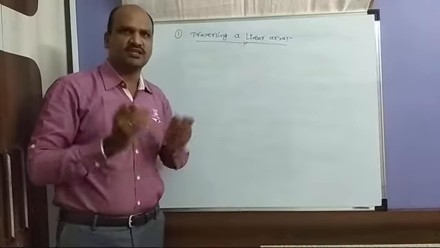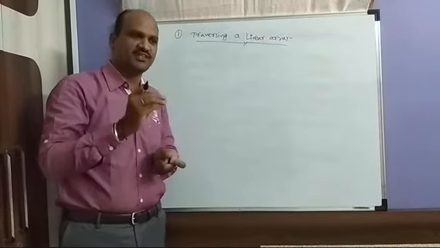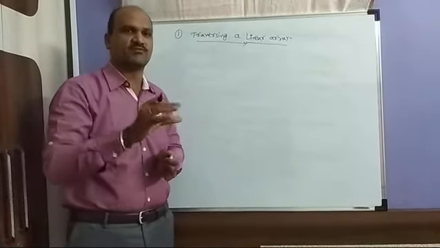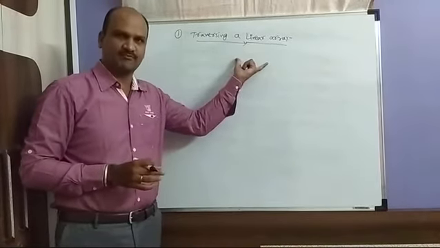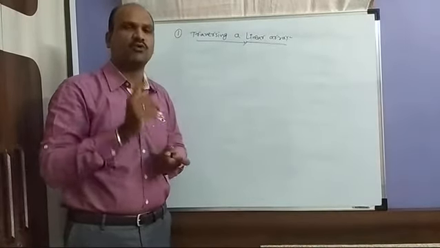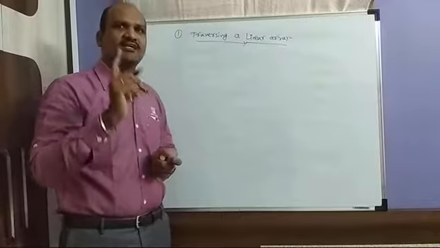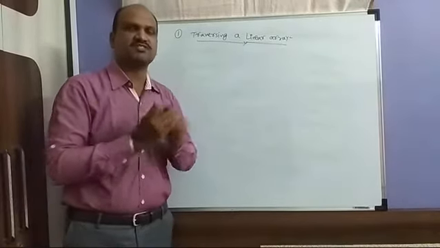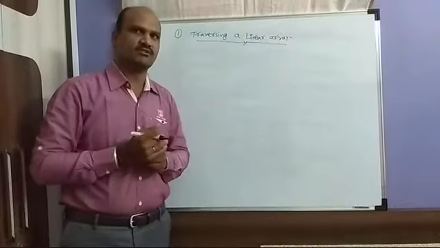Traversing is the process of visiting each subscript in the array, at least once. So it should reach at least once from the beginning to end of the list, means beginning to last element of the list.